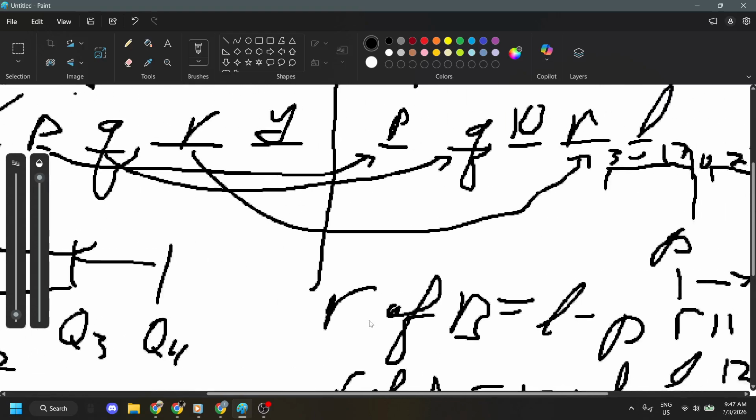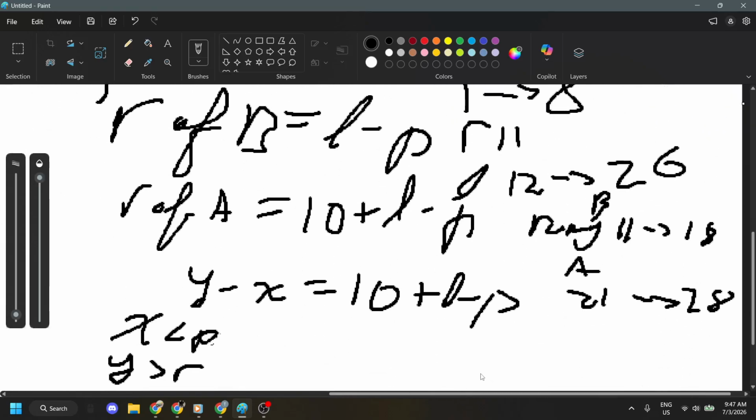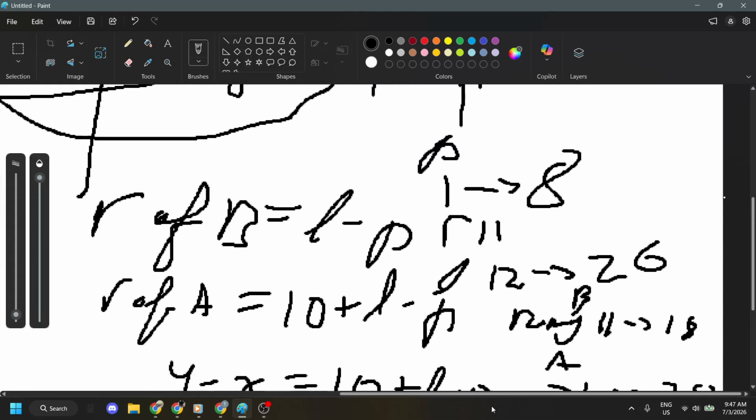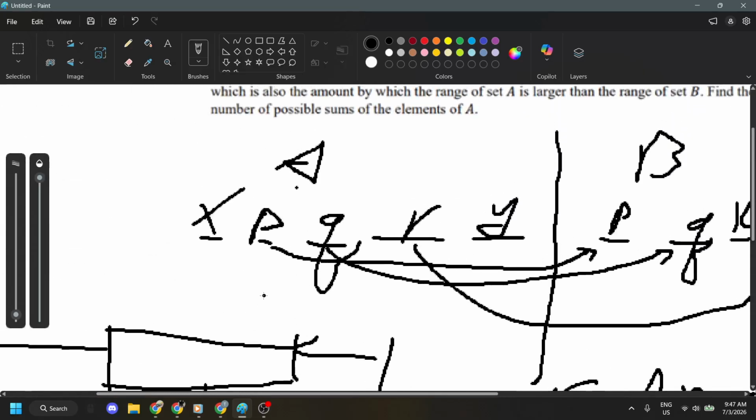So when P is 1, the range has to be 21. So if P is 1, R is 11, the range is 21. The smallest we can go is 12, and then we need positive integers, so P can't be 1 actually.